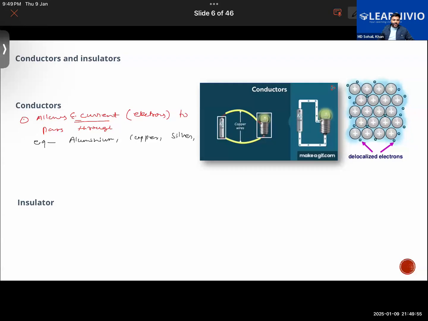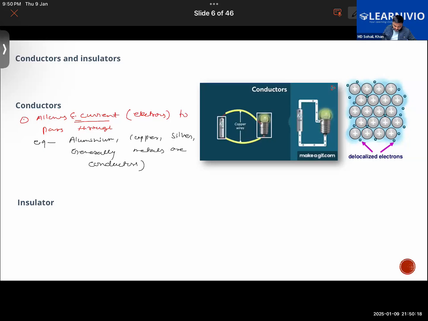So it's not like all the metals will be conductors, but generally only metals are conductors. Non-metals are not good conductors. There we also have some exceptions, by the way. So generally, metals are conductors.